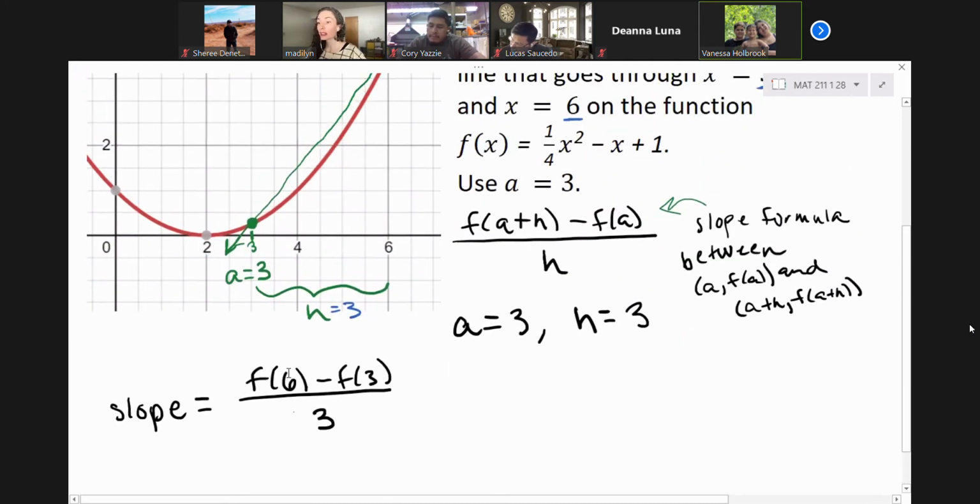We cannot subtract the 6 and the 3 that are in the f. So we have to evaluate the function at 6 and evaluate the function at 3, and then subtract those. And I would actually recommend we don't have to put it all into the formula at one time. We can on the side find f of 6.